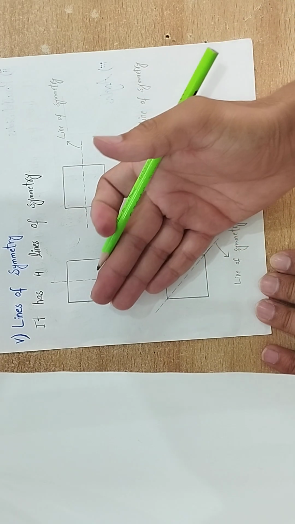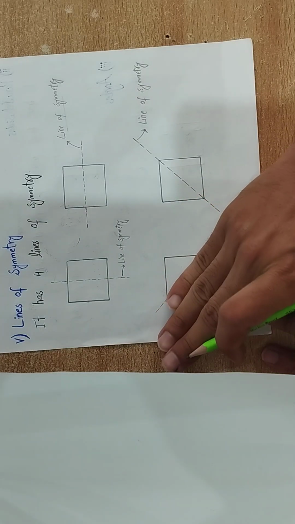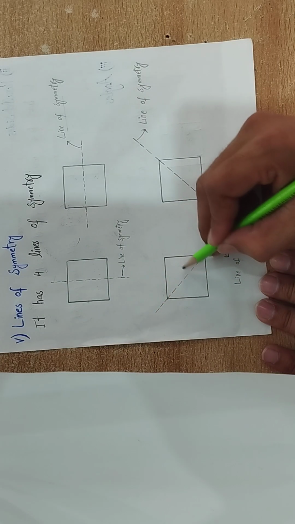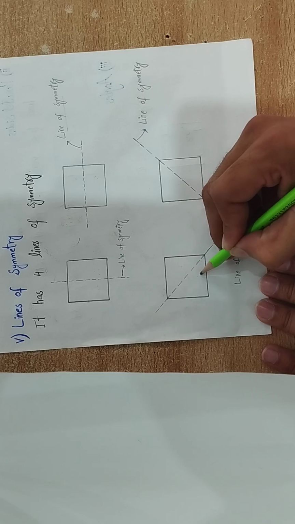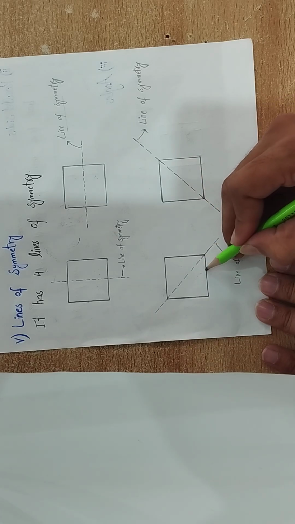If you fold one part on the second part, they will exactly fit onto each other. Therefore this line is a line of symmetry for this square.